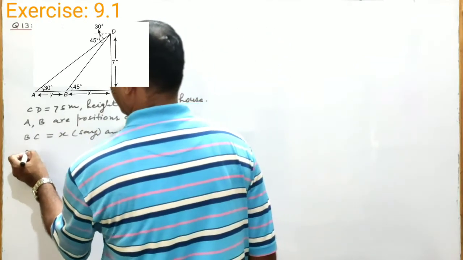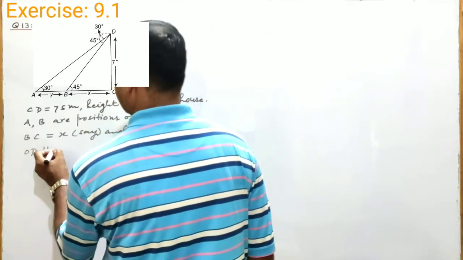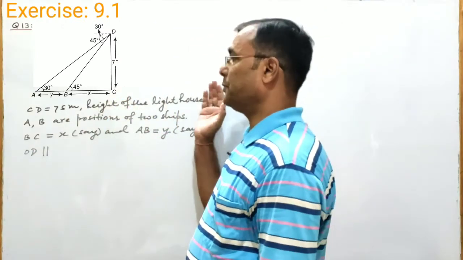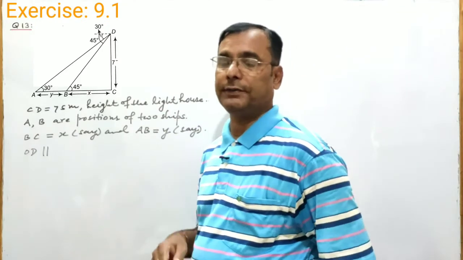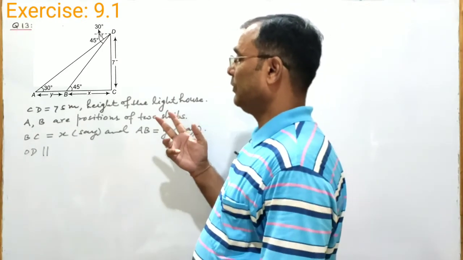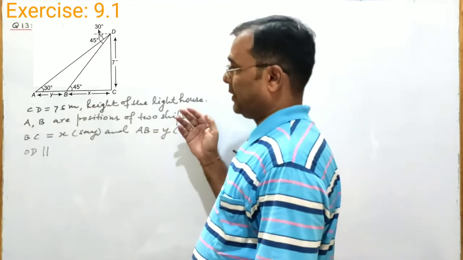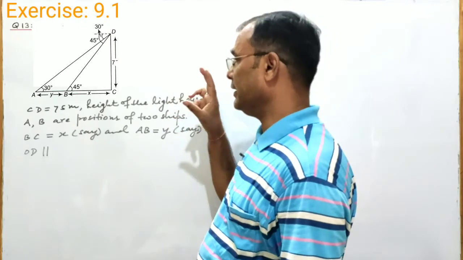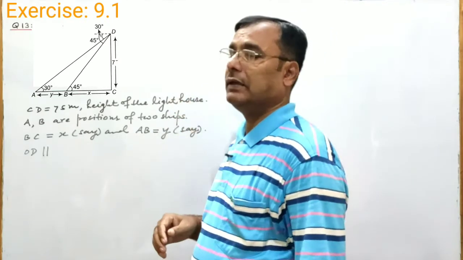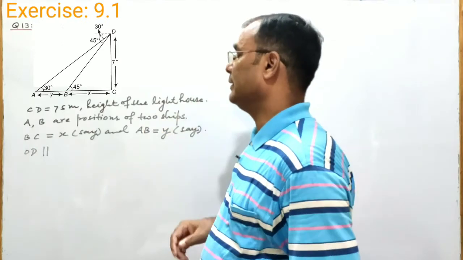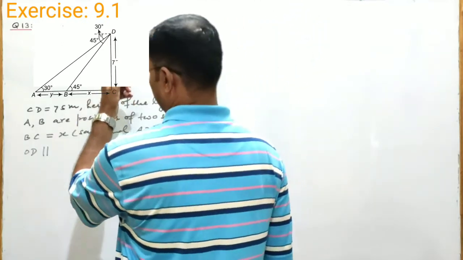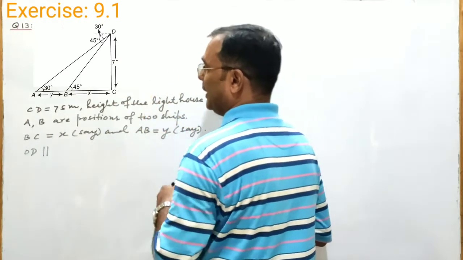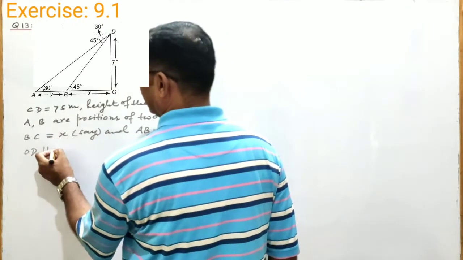OD is horizontal, drawn from the observation point, which is the top of the lighthouse, because the two ships are observed from the top of the lighthouse. So the top of the lighthouse CD is the observation point, that is D. So from point D, OD is drawn horizontal, parallel to AC.